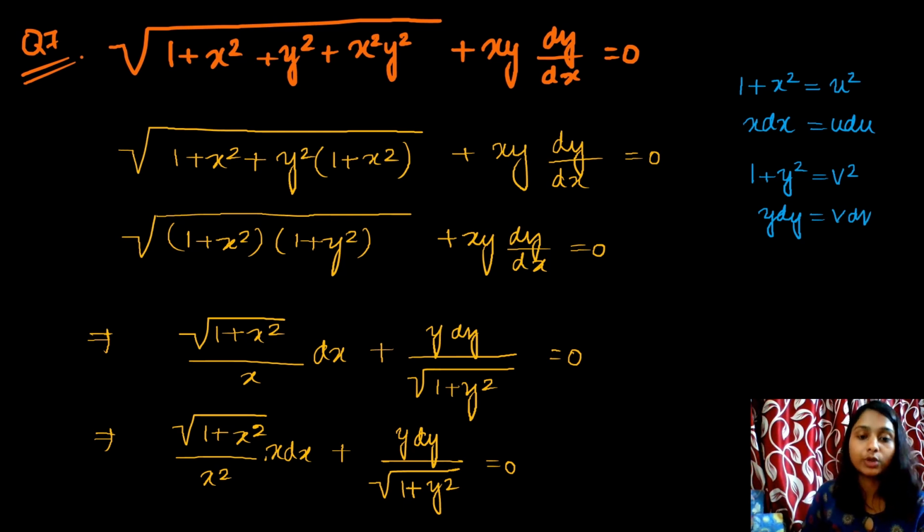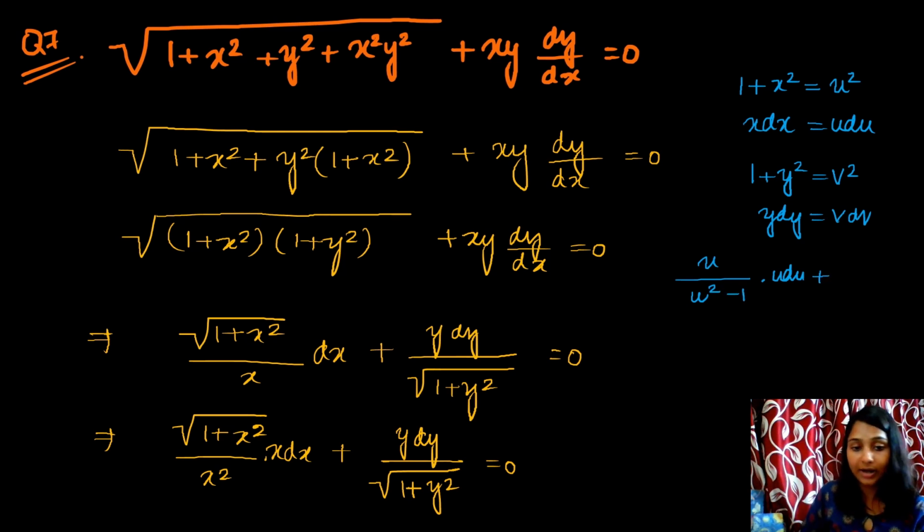So here we have obtained u divided by, so x dx means u du, and in the denominator we have x square. So from 1 plus x square equals to u square, we can write this x square equals to u square minus 1. So here we have u square minus 1.